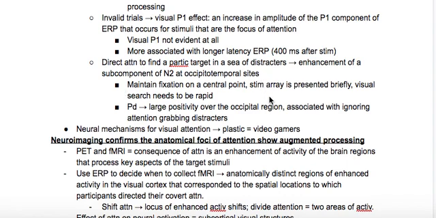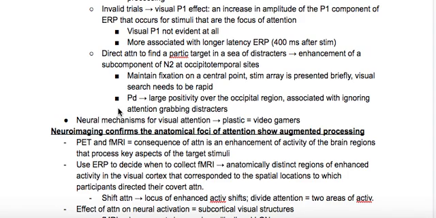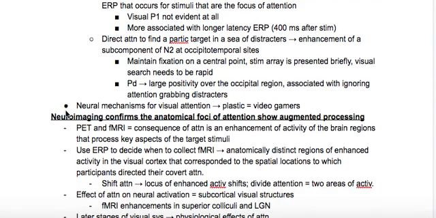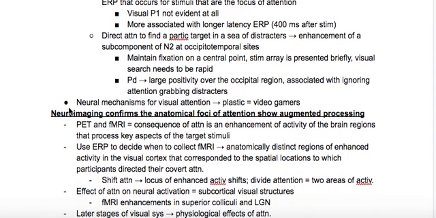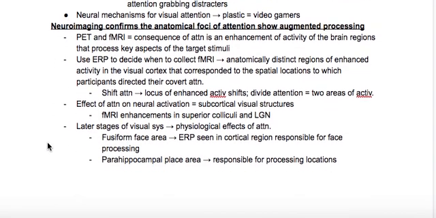Then a stimulus array is presented briefly, and then visual search for the stimulus needs to be rapid. PD then is a large positivity over the occipital region associated with ignoring attention-grabbing distractors. Neural mechanisms for visual attention are plastic, which is evident mostly in video gamers.